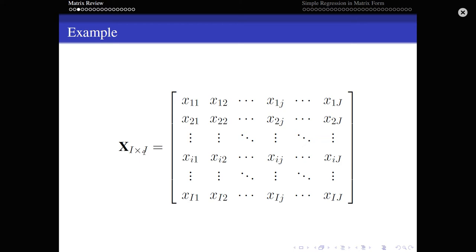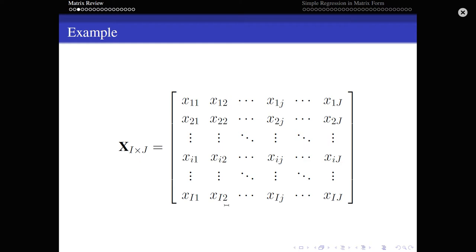So capital I rows, capital J columns. In this case, I see there's capital J columns, and then I see all of the different indices. You can take a look at this for a while if you want to try to get a feel for what's going on. As I go down one row, the first number changes from 1 to 2, and then I go on until I get to little i, and then I keep going on and on.